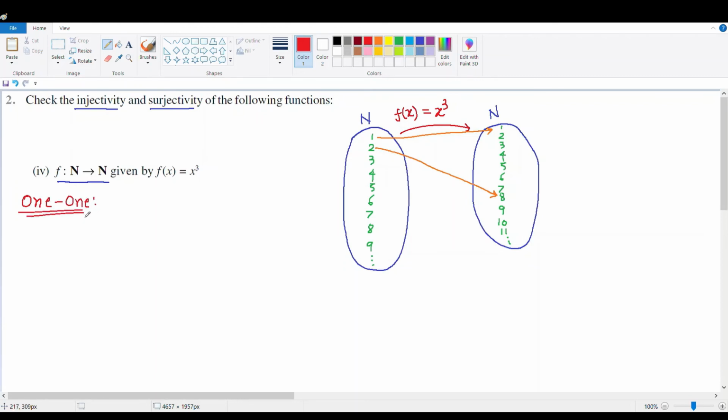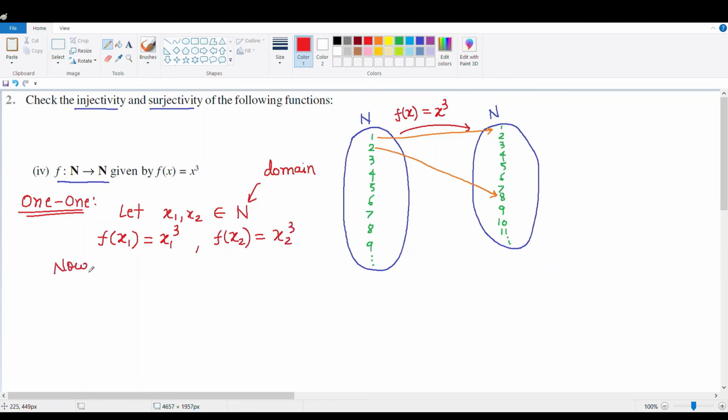To prove that, we always take two elements from the domain. So let x1, x2 both belong to N, where N is the domain. We are taking x1 and x2, two elements from the domain. From the function definition, if you plug in x1 for x you get x1 cube, and for x2 you get x2 cube.